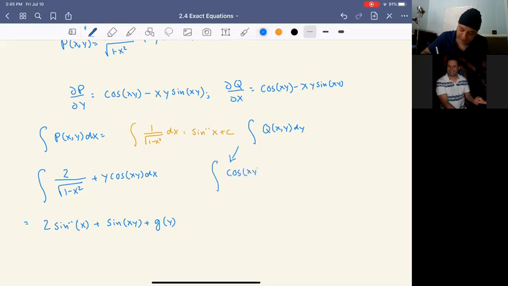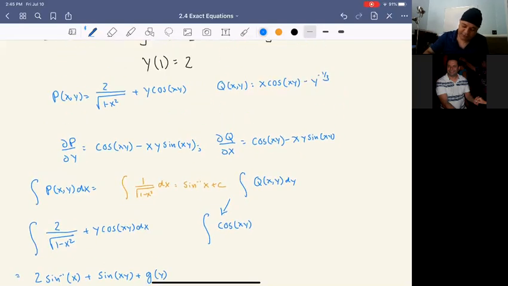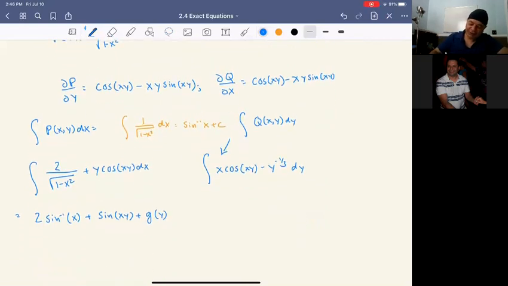Oh, sorry, I had Q wrong. Let me just bring it down from here. I almost integrated the partial of Q with respect to x with respect to y. That would have been bad. Just got to keep everything straight.